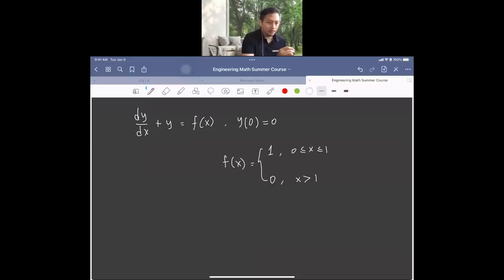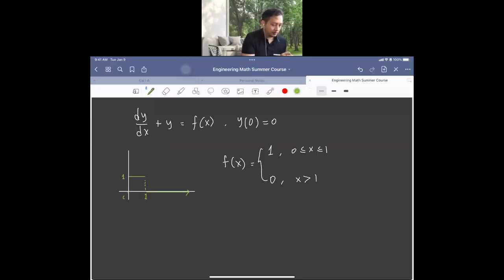What kind of graph do we have? We have a function that starts from 1 and goes like that.